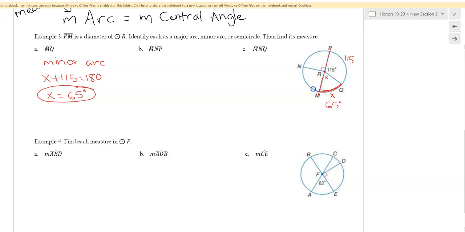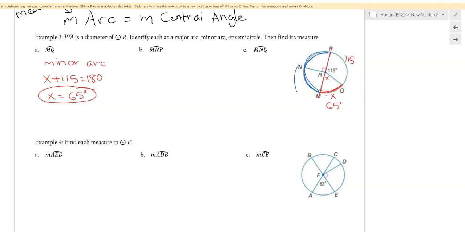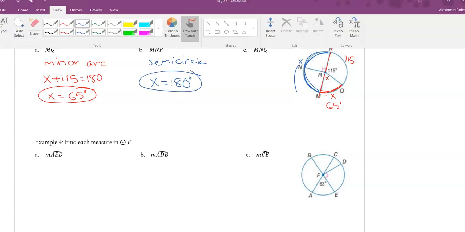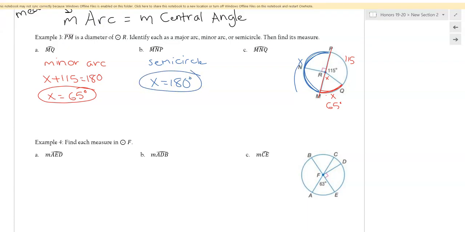Now if I do M to N to P, that's this arc here. Well, that looks like it's exactly half my circle. So then we have that MNP is a semicircle. So if I put an x here, that means x is automatically 180 degrees. Right? Semicircles are equal to 180 degrees.